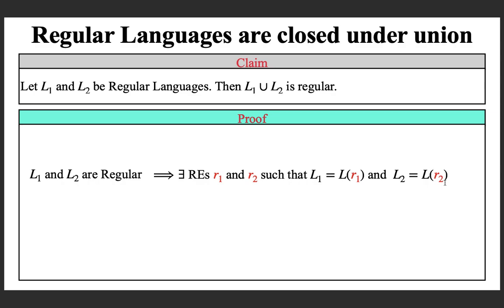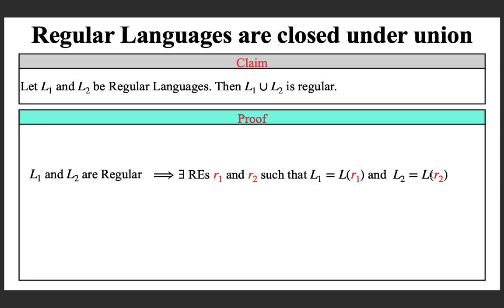That is a fair assumption because we know that every regular language can be represented in any of the 5 pairwise equivalent representations that we discussed. So, of course, you can find regular expressions for the languages L1 and L2.